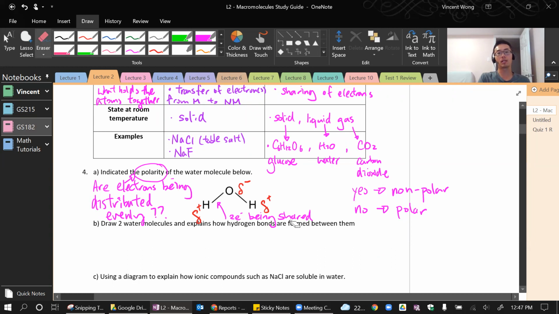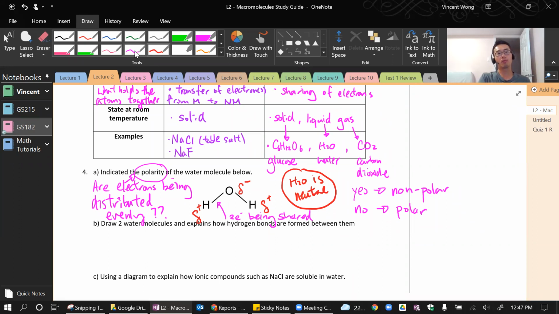Overall, the molecule is still neutral, but part of it is slightly negative, part of it is slightly positive. And if that's the case, we would say water is polar, because the electrons are not being distributed evenly. But it's important to know, water is neutral. Overall, there's no charge. It's just that the electrons are not being distributed evenly.